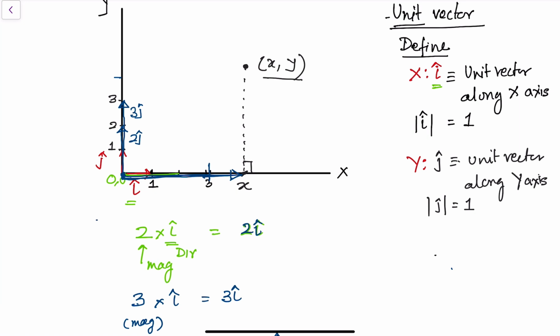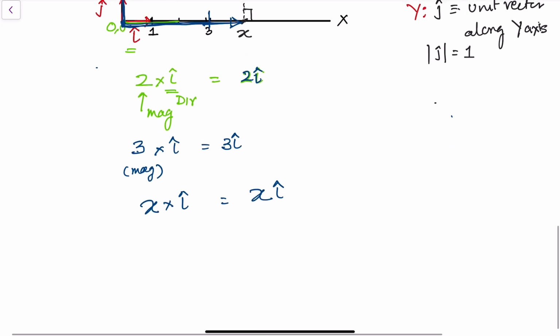If I drop a perpendicular so that this coordinate is y, and suppose I want a vector of length y from the origin, then what will it be? Y times j cap. That is y j cap.